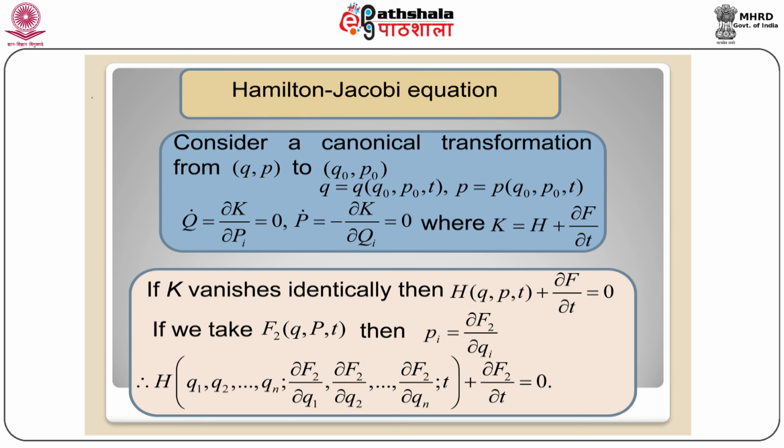For this, the transformation relating the old and the new canonical variables represents the solution of the problem, which can be written as small q equal to small q function of q0, p0 and t, small p which is a function of small q0, small p0, t.